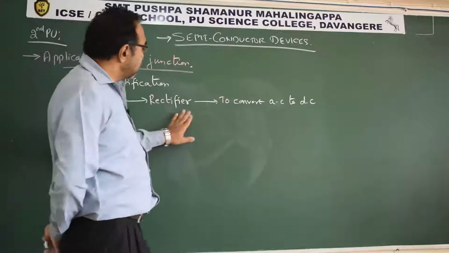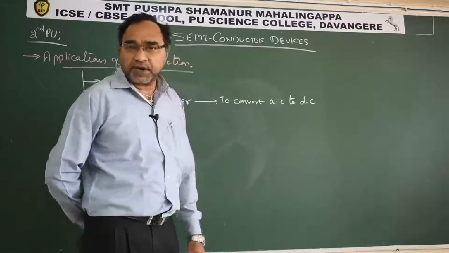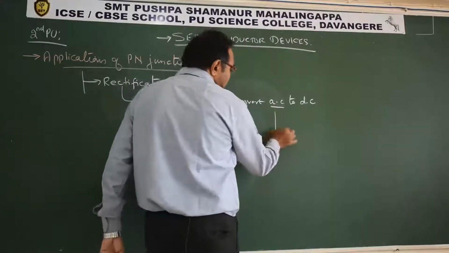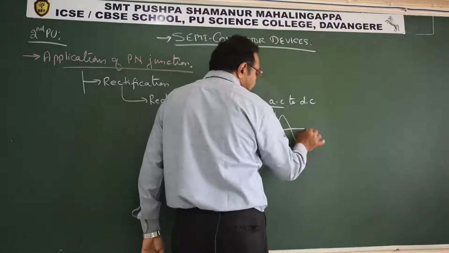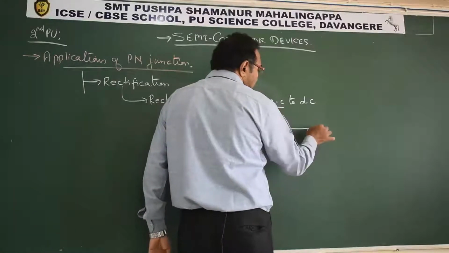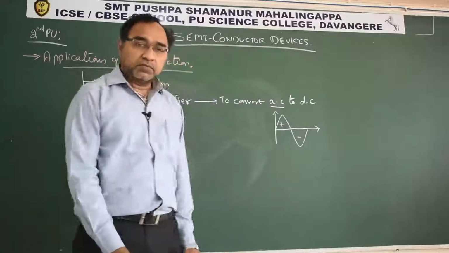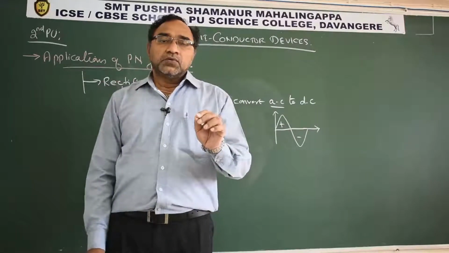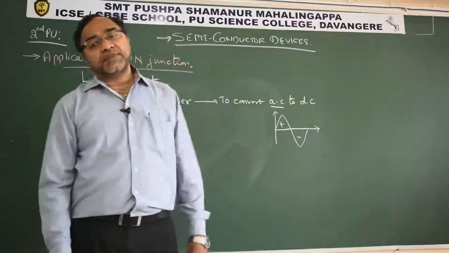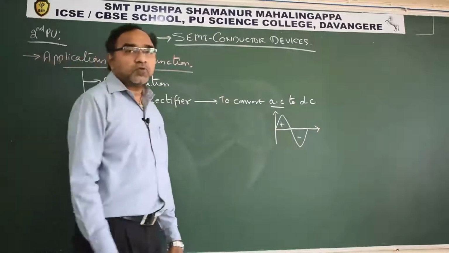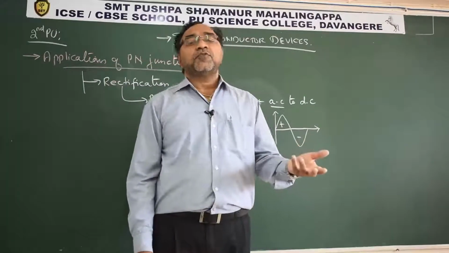So a rectifier converts AC to DC, correct? If you remember, the representation of AC happens to be this way. In an AC, we say that we have a positive lobe and we have a negative lobe. So there are two possibilities in rectification. What are the two possibilities?